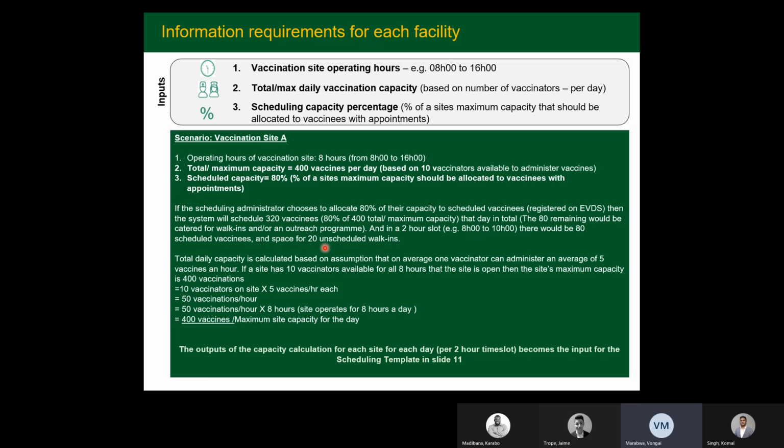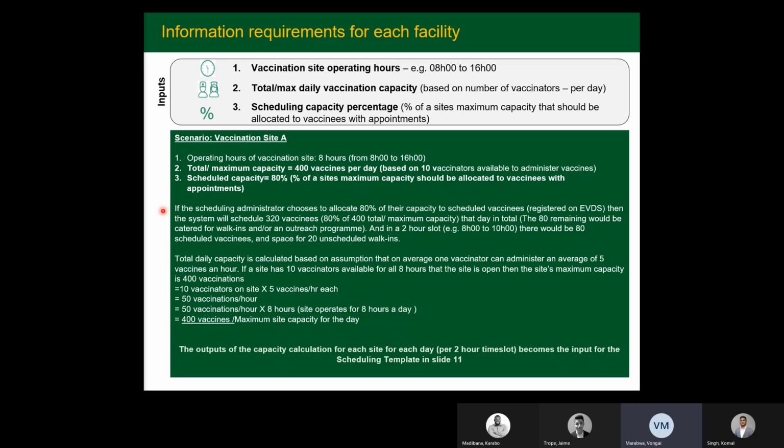I think what you can do is, if you know that you want to do outreach every Tuesday and Thursday, set up a separate mobile outreach site, so to speak, on MFL, and then you won't need to actually schedule those vaccines into your fixed site scheduling template. You can just funnel those all the way through to the mobile site and exclude them from this calculation.